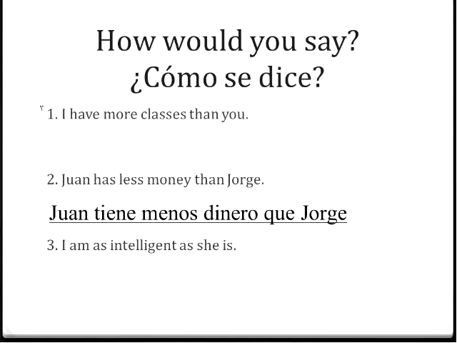Yes. So if it's singular, you're using tan. And then whatever you're comparing, and then both. So what's the tan and what's the inteligente?